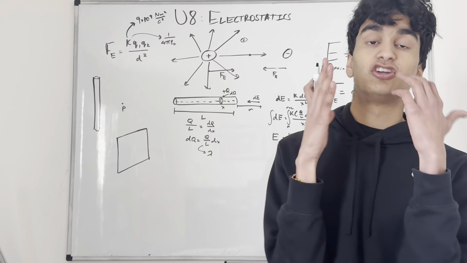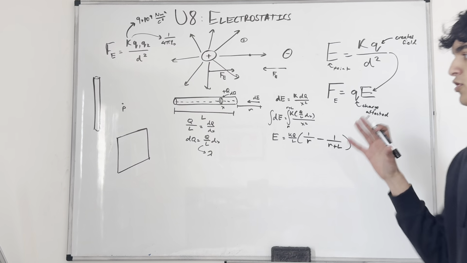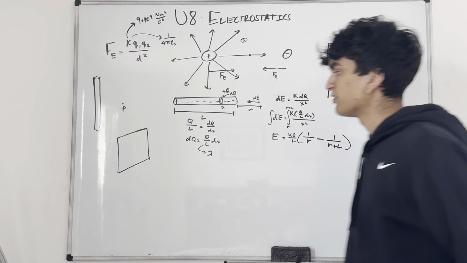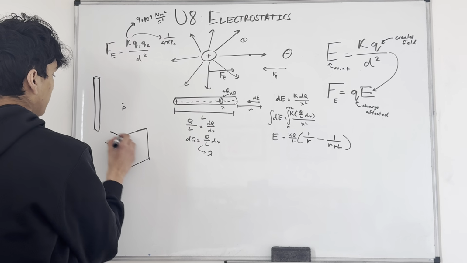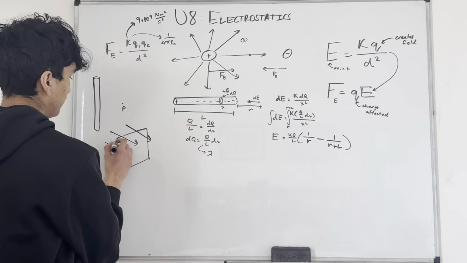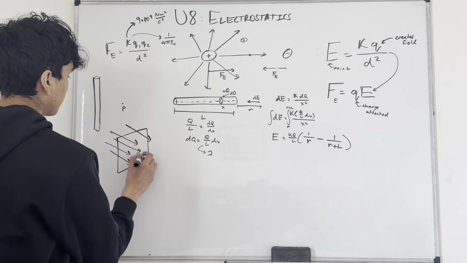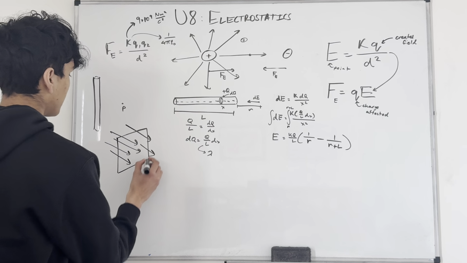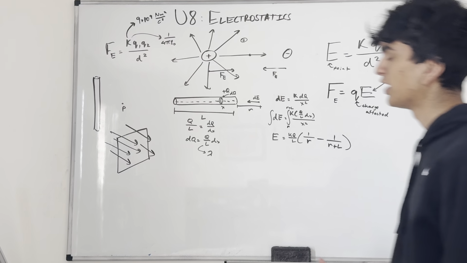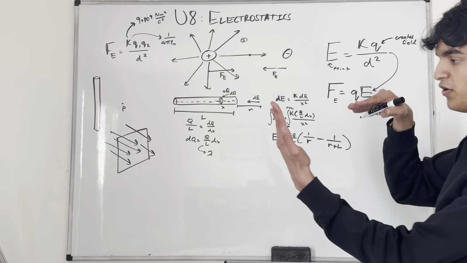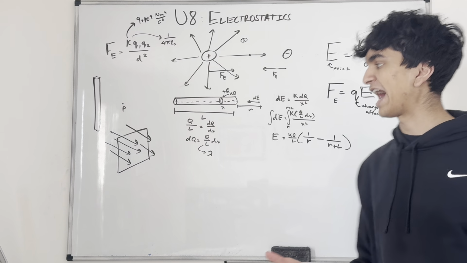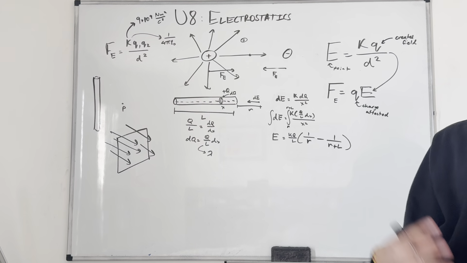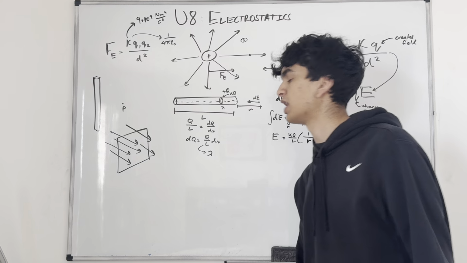The electric field would be uniform throughout. Conceptually, electric flux is the number of field lines piercing through that surface. And conceptually, right? When we're calculating, we're not literally counting the number of field lines.